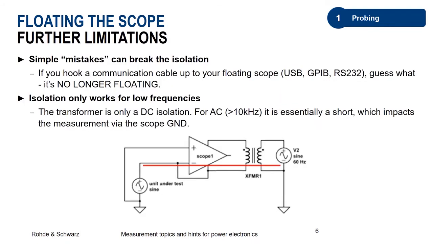Well, coming back to floating the scope, apart from the safety topic, there are other things to consider, which is why you have to be careful with such a measurement. One thing is that not only can the scope carry high voltages on its chassis, it's also simple to break the isolation.